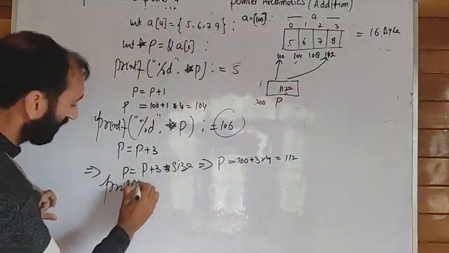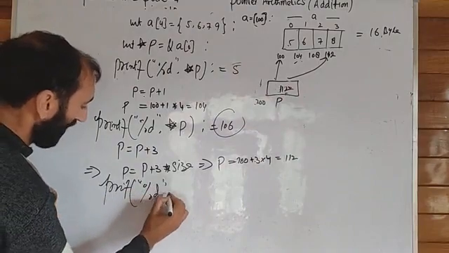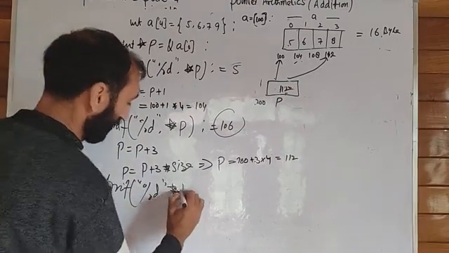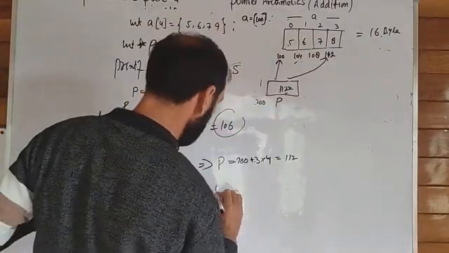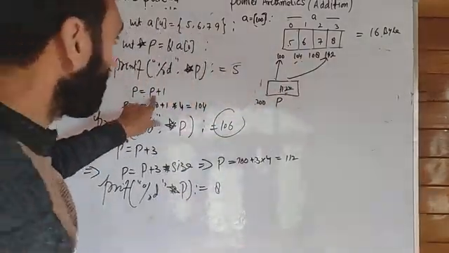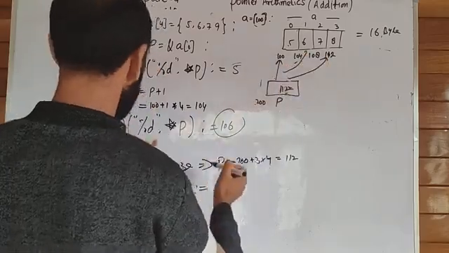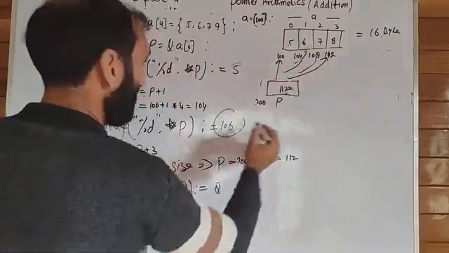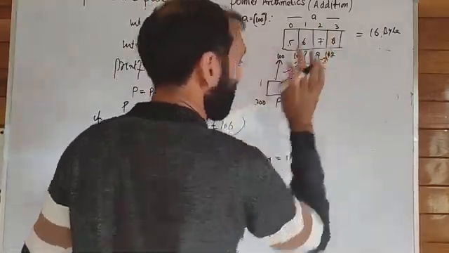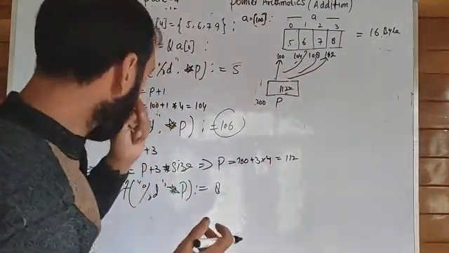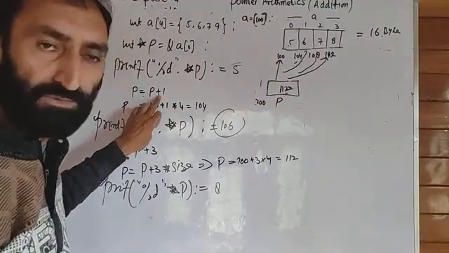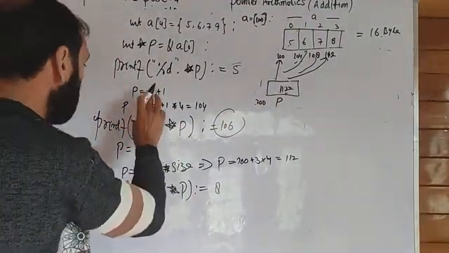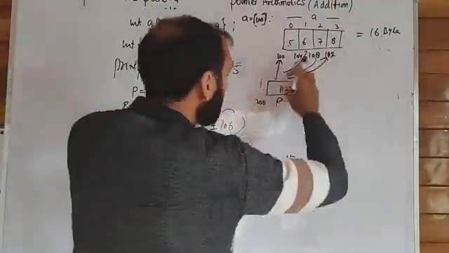If I print the indirection operator of P, the output would be the value at that location. By using this addition of pointers, by adding integers to P, we can move the pointer forward.